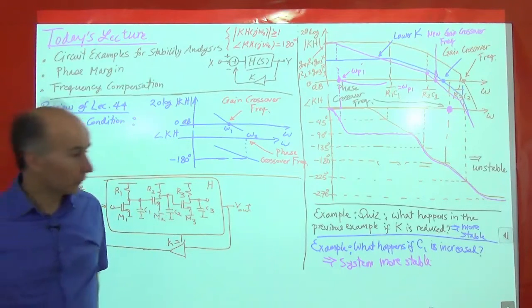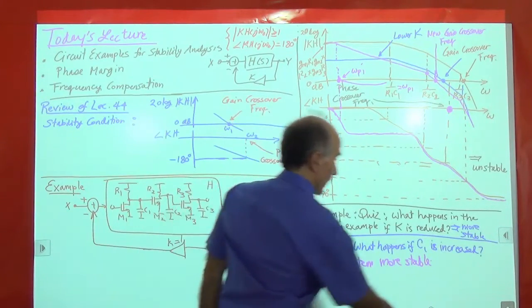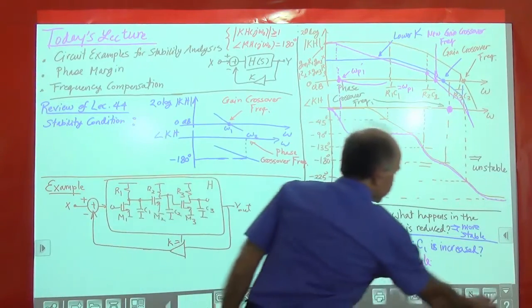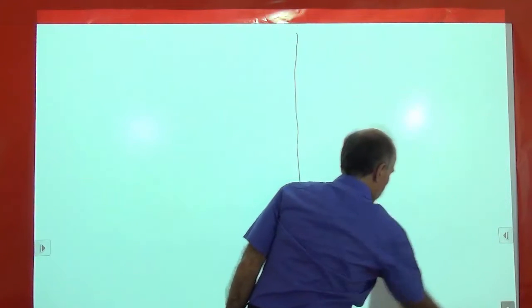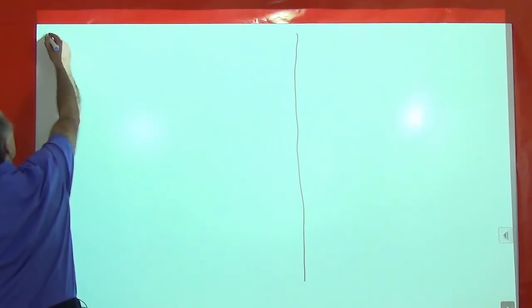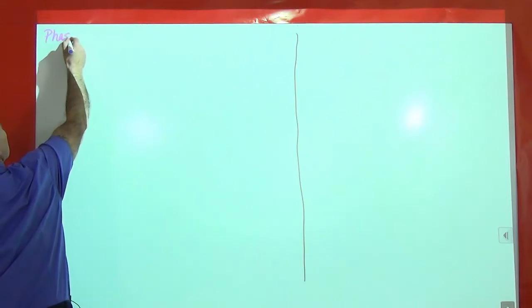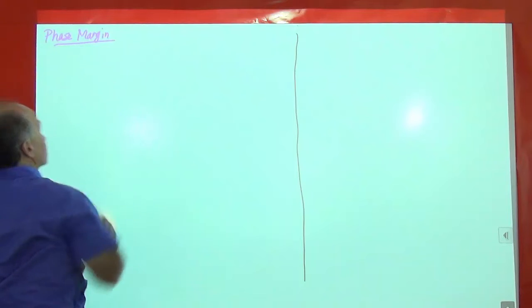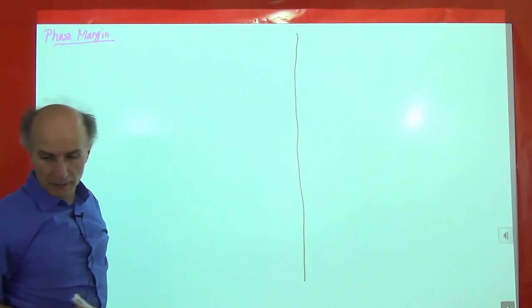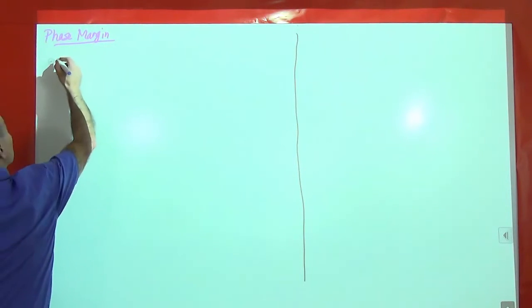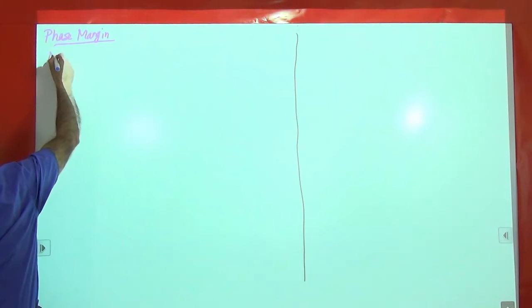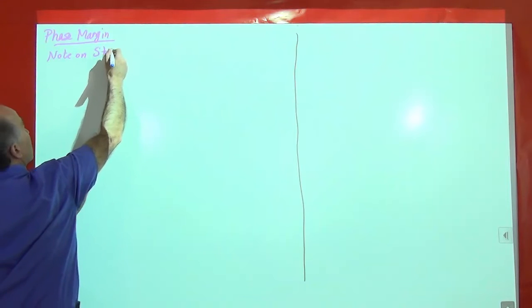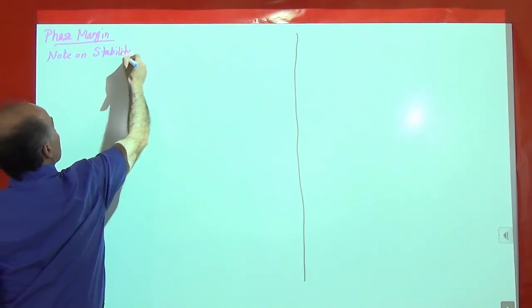Okay, let's go to the concept of phase margin and see what that means and why it's important. So we're going to talk about phase margin here. And I wanted to just give a quick note on stability test.